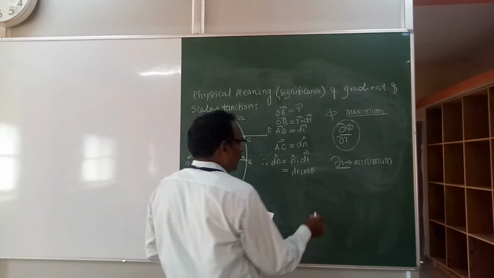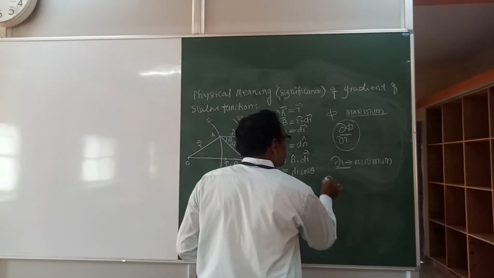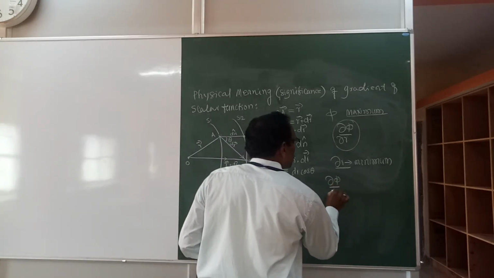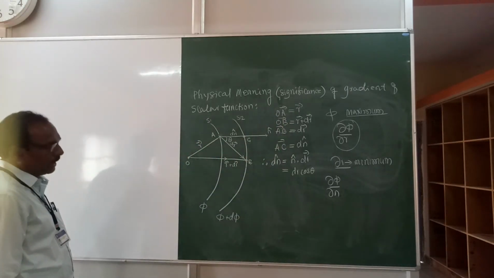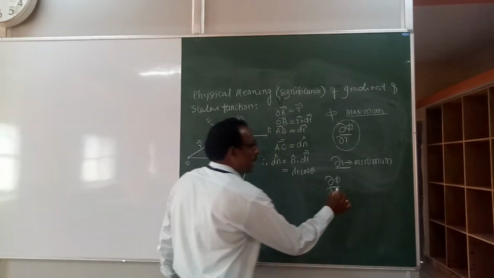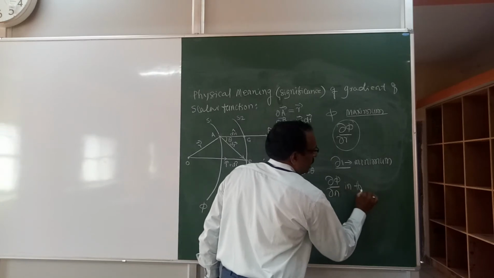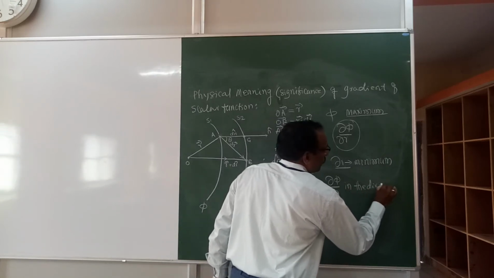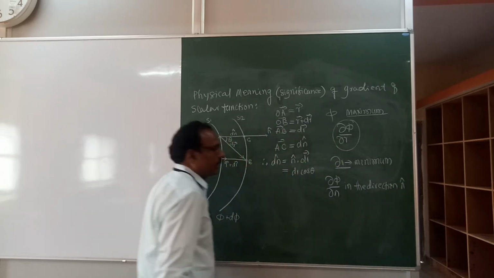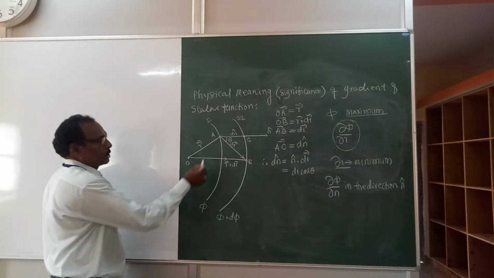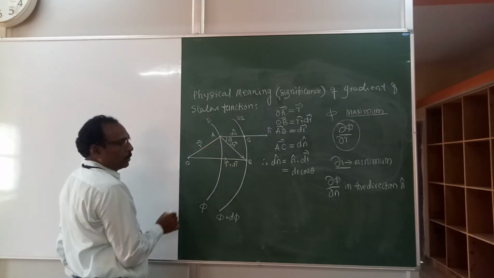So the rate of increase of a scalar function is represented by dou phi by dou n in the direction of the unit vector n. Hope you got this. Dou phi by dou n.